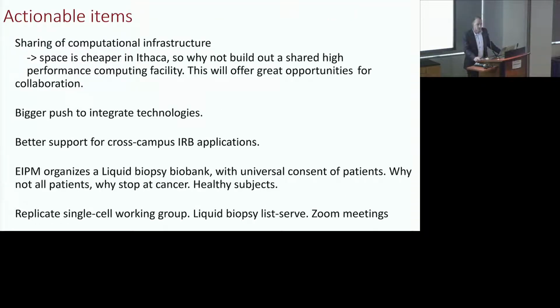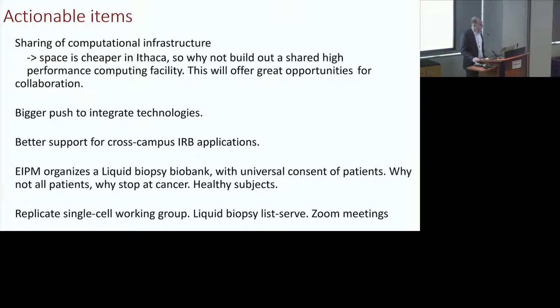There were several actionable items that came out of our discussion. The first one, I think, could be useful for all the working groups, and that is to have some type of shared computational infrastructure. This has been brought up before. This is not an entirely new idea, but space is cheaper in Ithaca, so why not build out a shared, large, high-performance computing facility on one campus that everybody has access to, which would then enable great opportunities for collaboration, certainly on topics of data science.